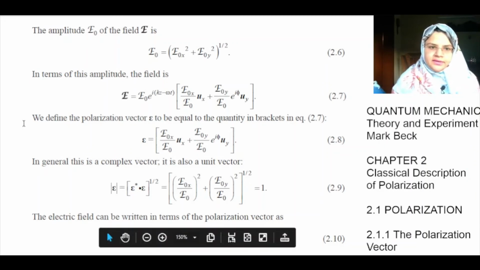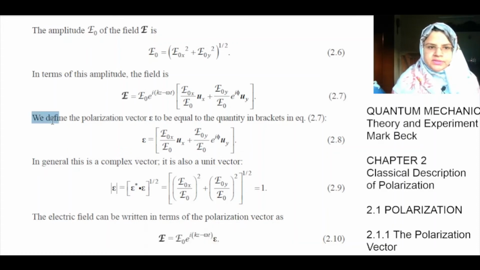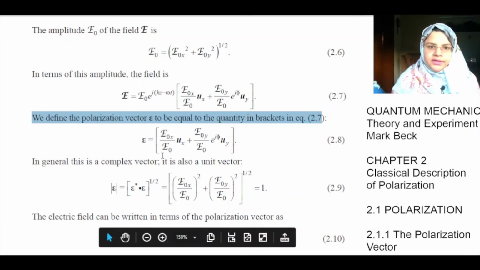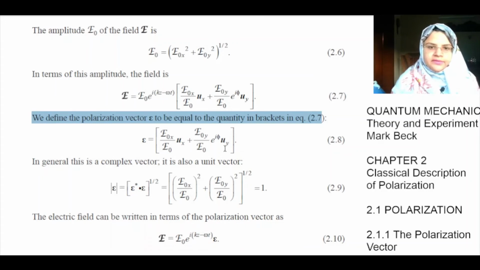We define the polarization vector epsilon to be equal to the quantity in brackets in equation 2.7: epsilon = (E naught x / E naught) u_x + (E naught y / E naught) e^(iφ) u_y.